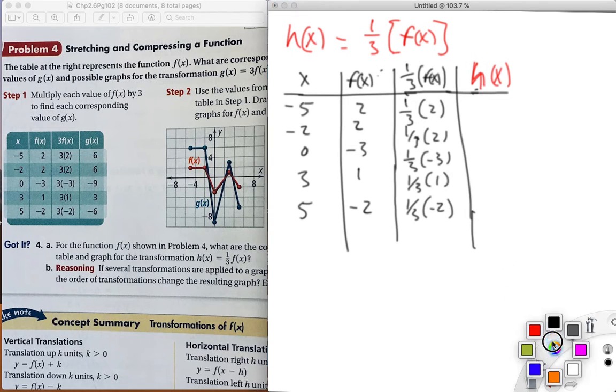So then my h of x would be 2/3, 2/3, -1, 1/3, -2/3.